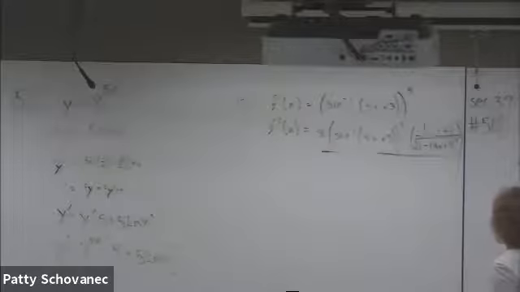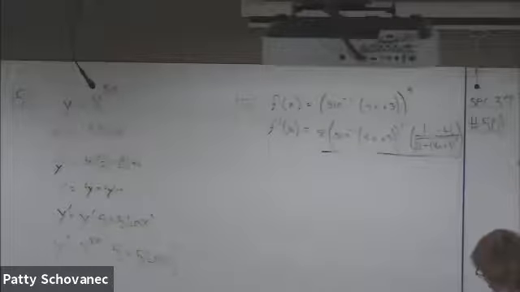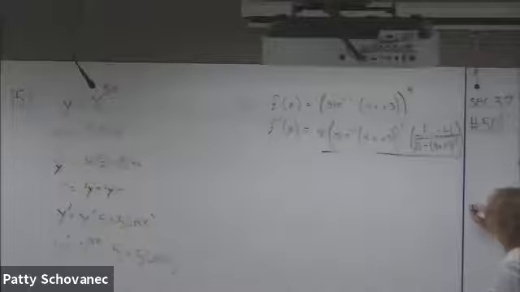The car's traveling north at 50 miles per hour. And we're supposed to find at what rate the distance between them is changing at time t.